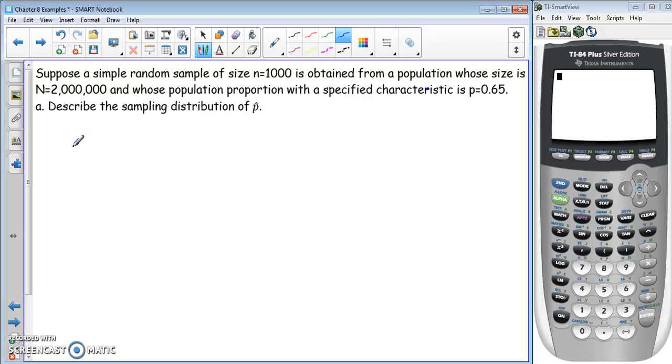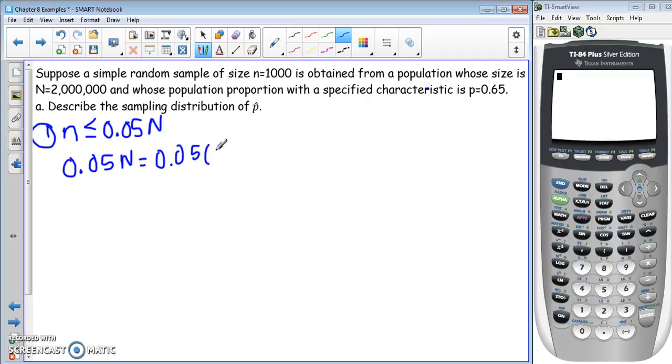So again, we want to check our conditions. Our first condition is that our sample size is less than or equal to 5% of our population size. So let's look at 5% of our population, 5% of 2 million. 0.05 times 2,000,000, enter.